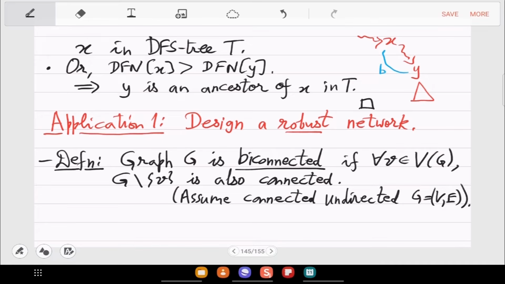Is this clear? So, if somebody designs a network, which is a graph, where vertices are towers and edges are connections, either by air or by land, your job is to check whether this is a robust network or not. How do you do this?